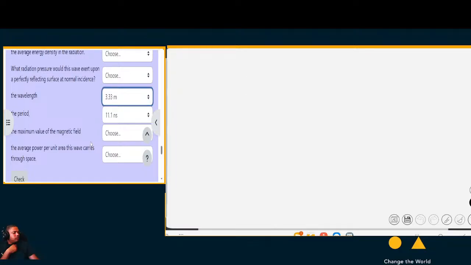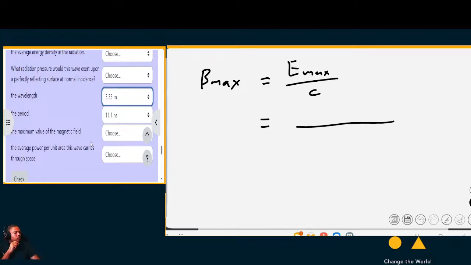Now let's calculate the maximum value of the magnetic field. Remember we had that formula earlier on, which said that Bmax, the maximum value of the magnetic field, is equal to Emax divided by the speed of light. What is Emax?